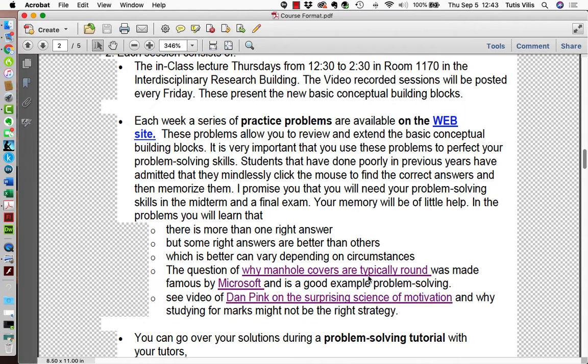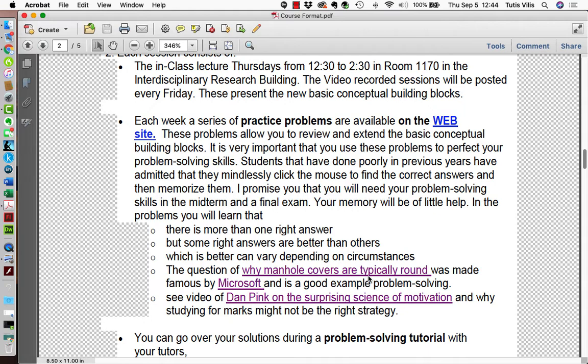Most pipes have a roundish shape, so the lid will match the pipe below it. There are lots of correct answers, and your objective in this course will be to find out which is the best of the many correct answers.